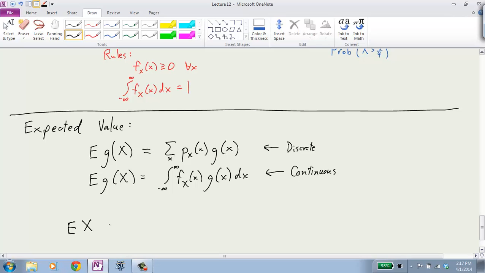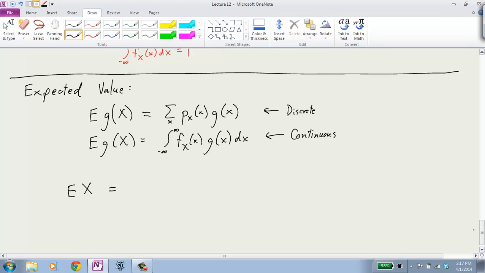And this we would write as, and I'm no longer going to write it twice for discrete and continuous. Just always know that continuous is an integral rather than a sum, okay? So this, of course, is the sum of p x of x times x.